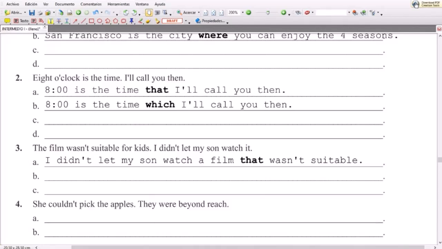Yes, excellent. And number 3, I have only two. I didn't let my son watch the film that or which wasn't suitable for kids. Okay, okay.